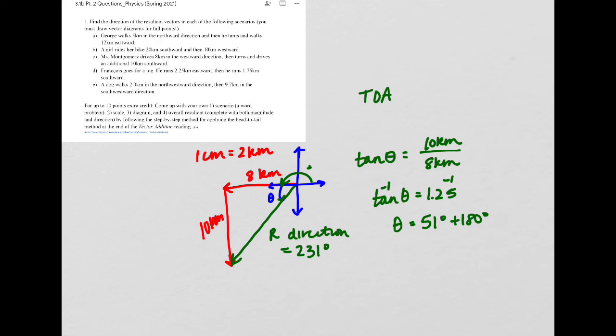All right, letter D. François goes for a jog. He runs 2.25 kilometers east. Then he runs 1.75 kilometers south. All right, so I'm going to say 1 centimeter equals... no, I'm going to do halves, actually, 0.5 kilometers.